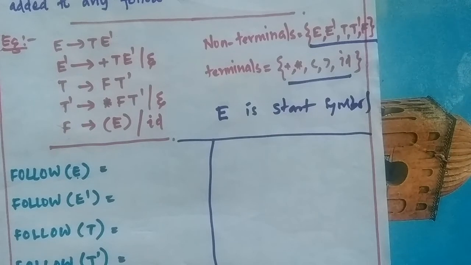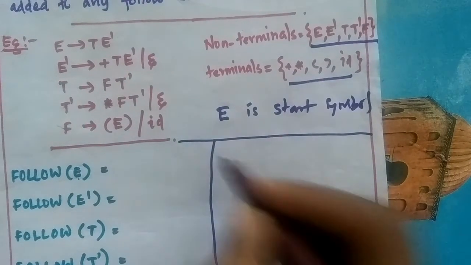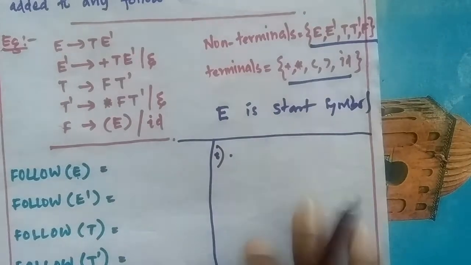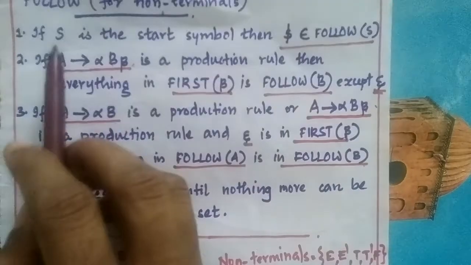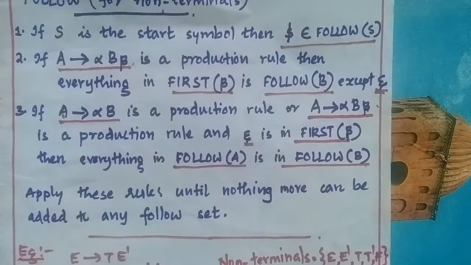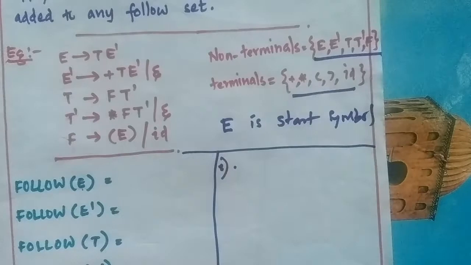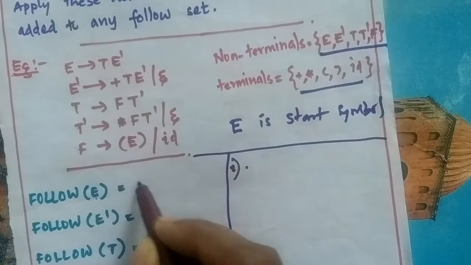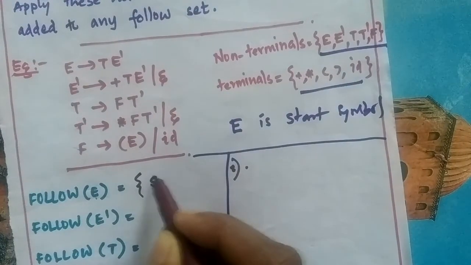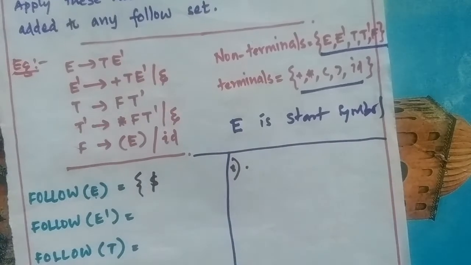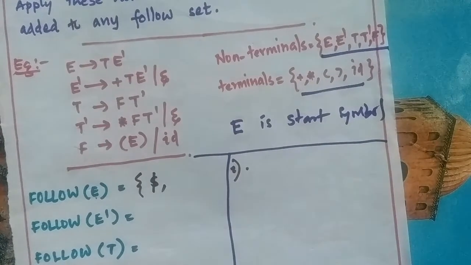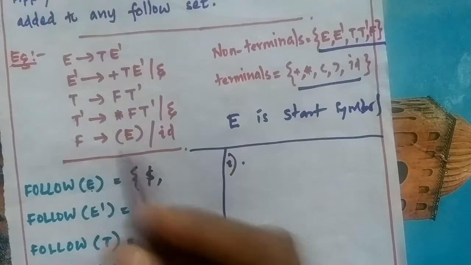So if E is a start symbol, then the first condition, rule 1, we can apply, that is, if S is a start symbol, then dollar belongs to follow of S. So follow of E contains dollar, and we don't know what the other symbols are, we need to find out.